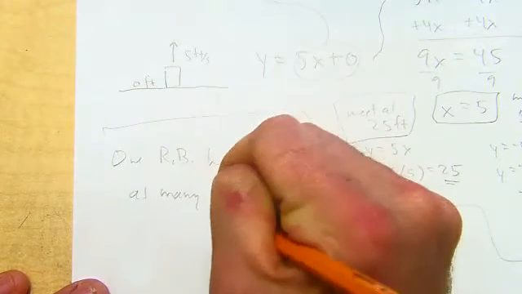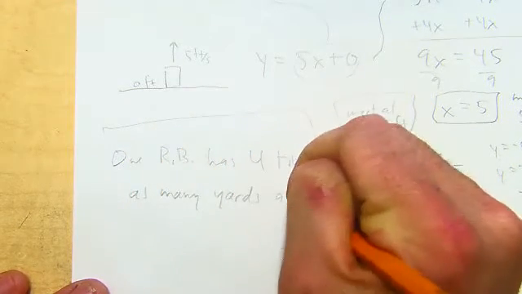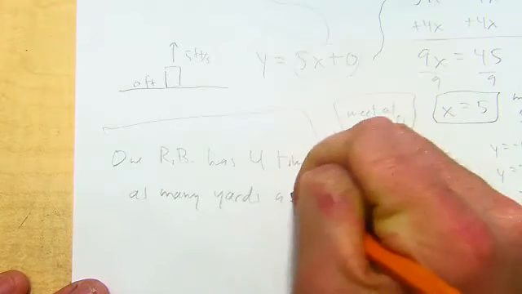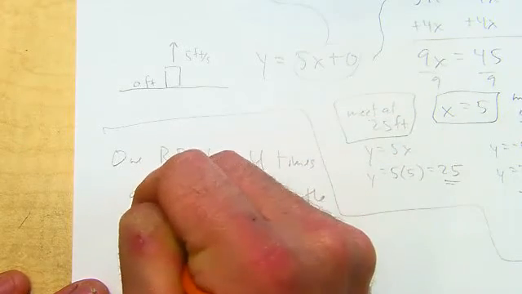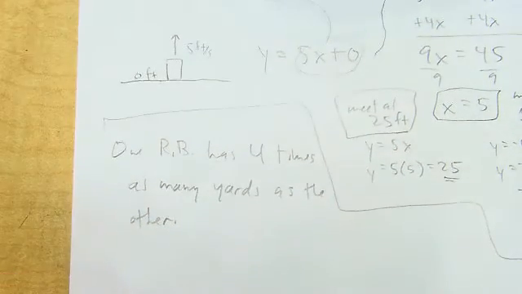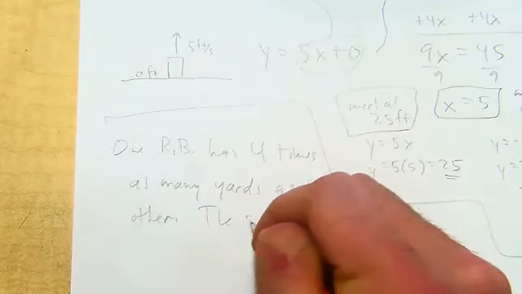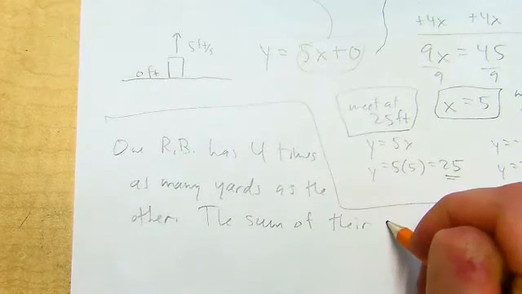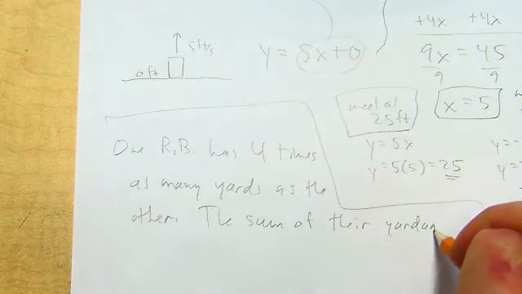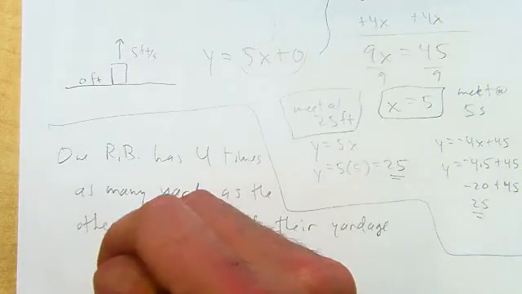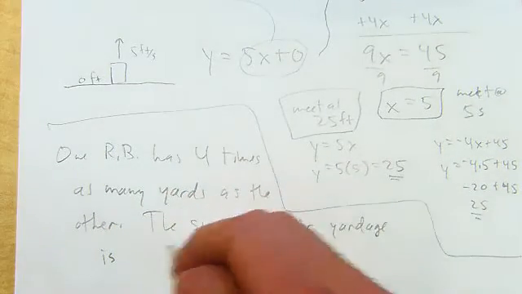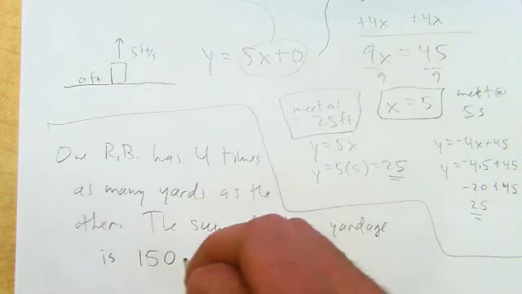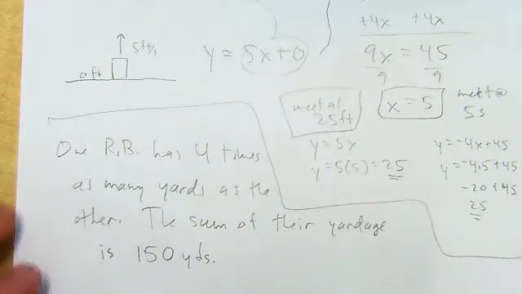And the sum of their yardage, or if we add them together, is some number. Let's say it's 150 yards. Okay, so then we want to know how many yards does each running back have.